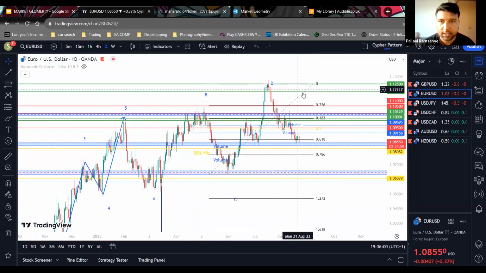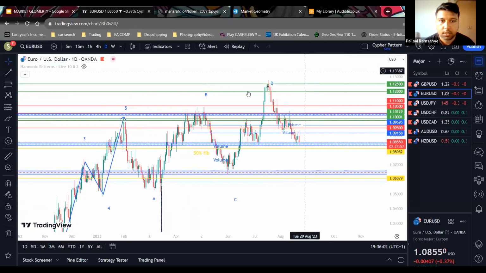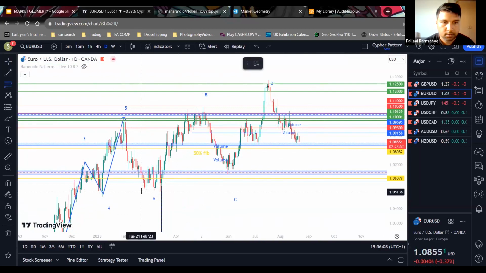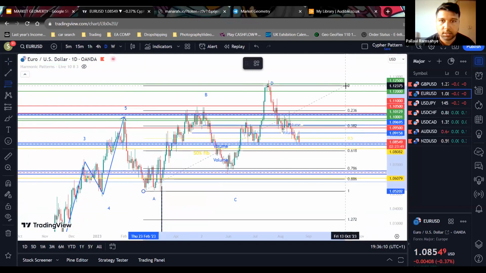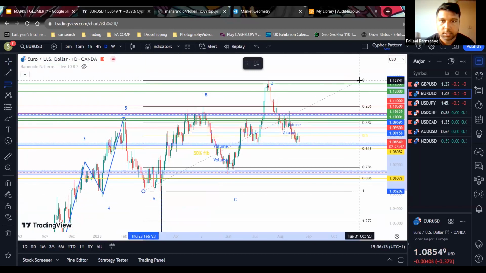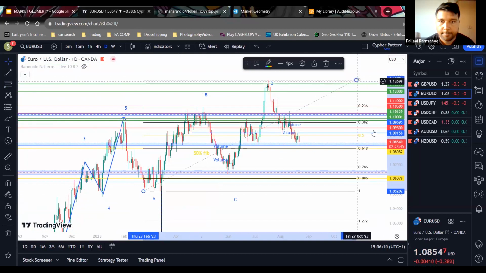So if I was to delete this one and try and place it again, place it there. The 50% zone falls around this point here, between the lower low and the higher high.